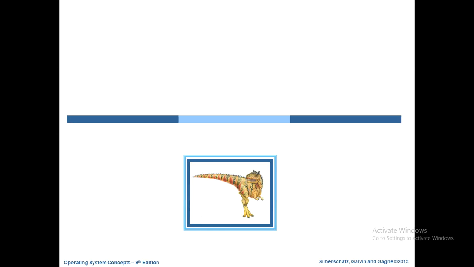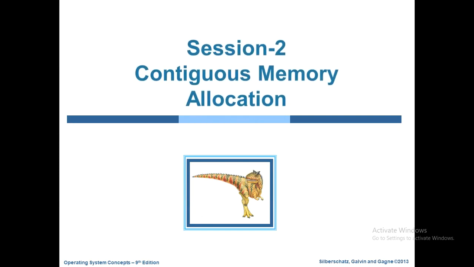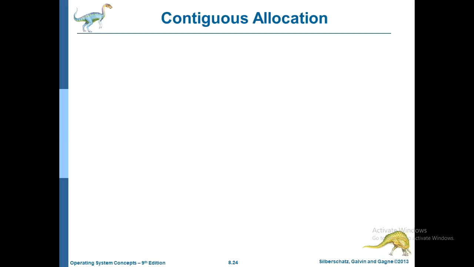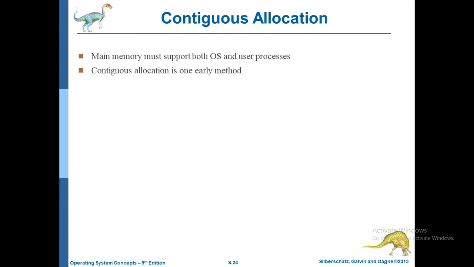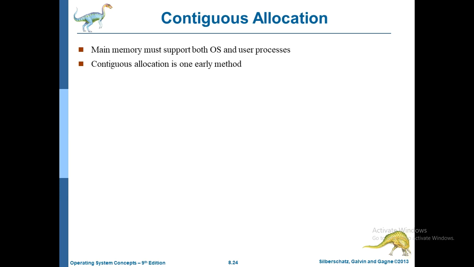Hello everyone. So in this session we will discuss contiguous memory allocation. So what do you mean by contiguous? Contiguous means continuous memory allocation. Here in your system the main memory must accommodate both the operating system as well as the various user processes.